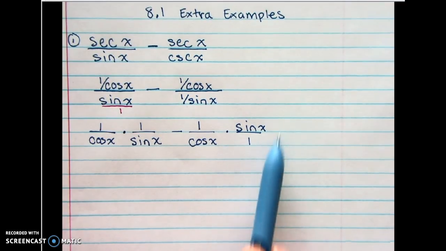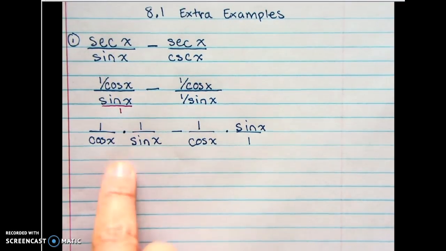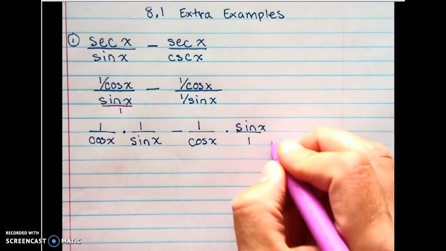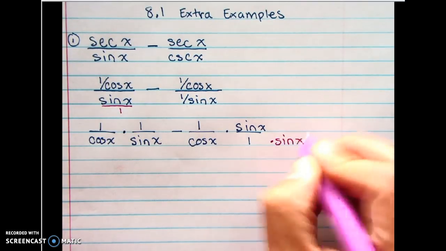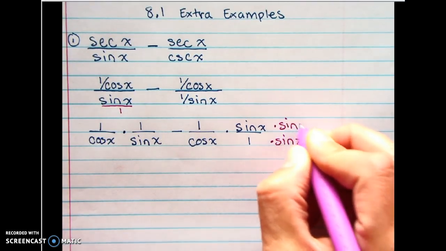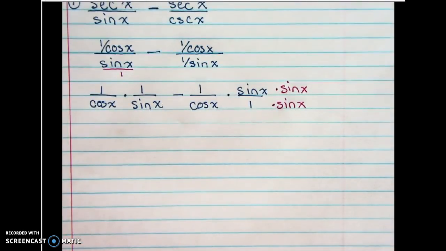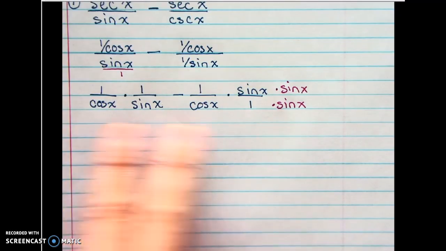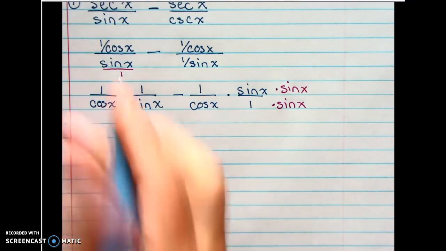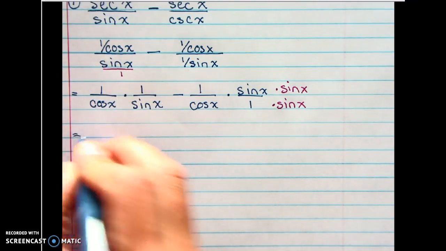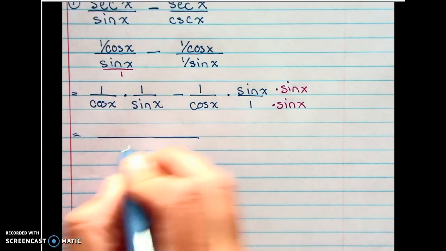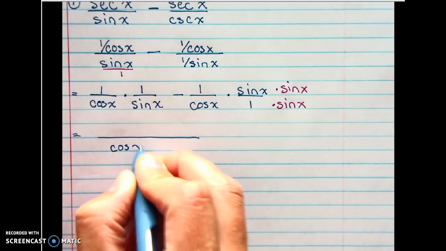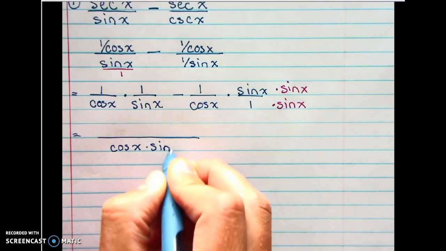What does this one need to look like this one? This one needs a sine, right? So we're going to multiply this by sine over sine. And now do you see how they are a common denominator? Cosine times sine, cosine times sine. These are all equal. So our denominator now is cosine times sine.